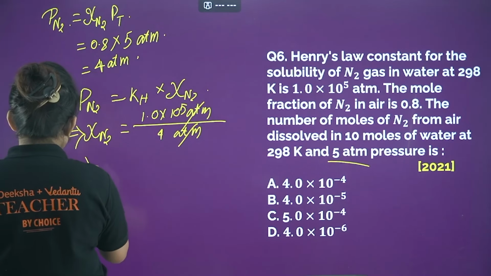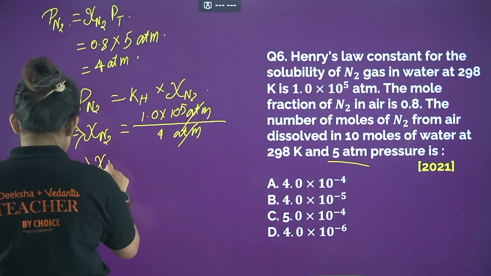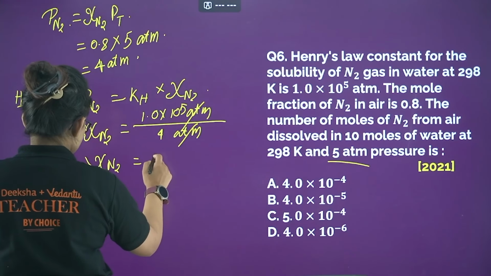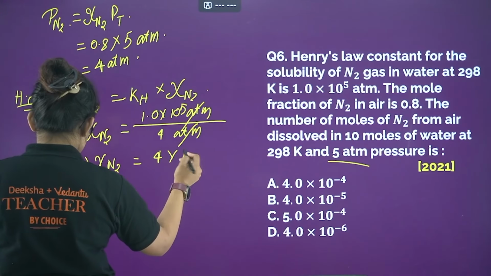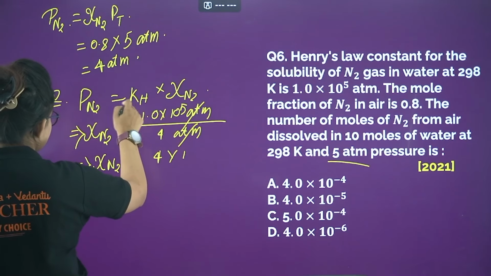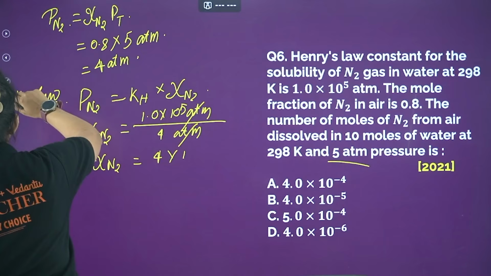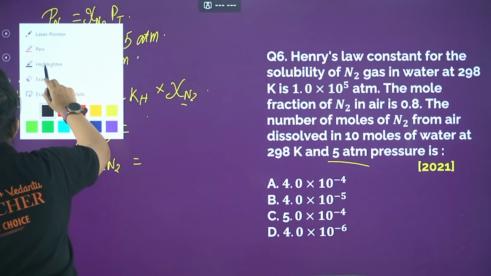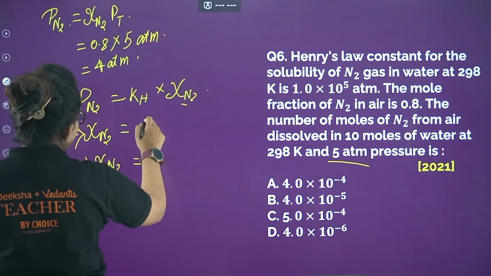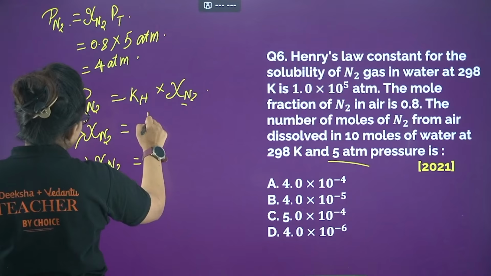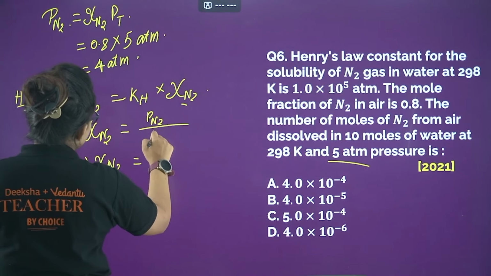Okay, so from here what information am I getting? The mole fraction of N2 is P of N2 divided by KH.